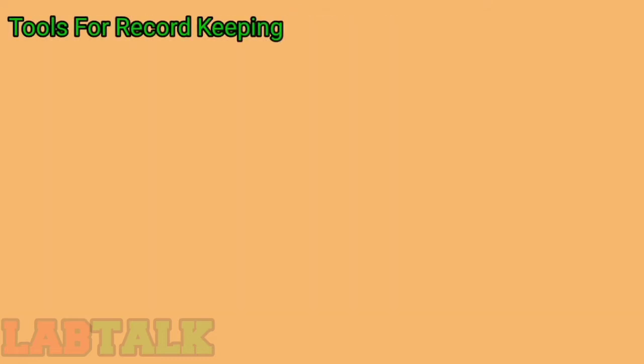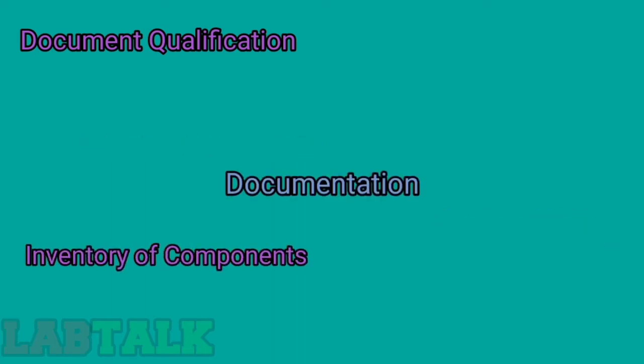Some of the tools that are helpful for keeping records on equipment management are charts, logs, checklists, graphs, and service reports. DQ or document qualification should comprehensively describe the complete maintenance history, the system history, and the inventory of components and documentation.